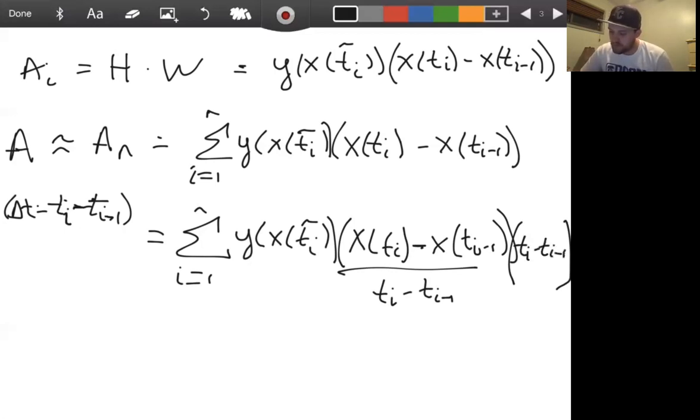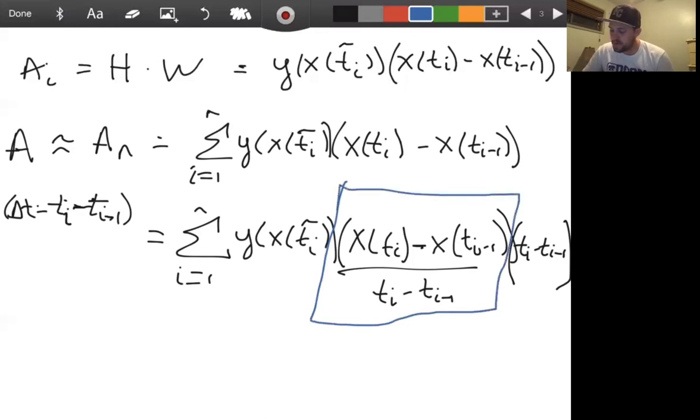Well, if you notice, if we took the limit of this piece right here, this is the definition of the derivative of x of t, right? And as you take a limit of a sum, delta t under the limit goes to dt, right?